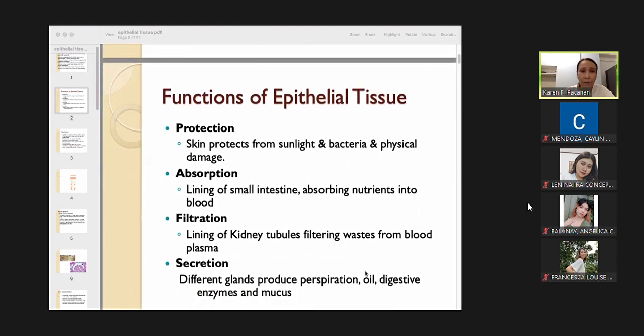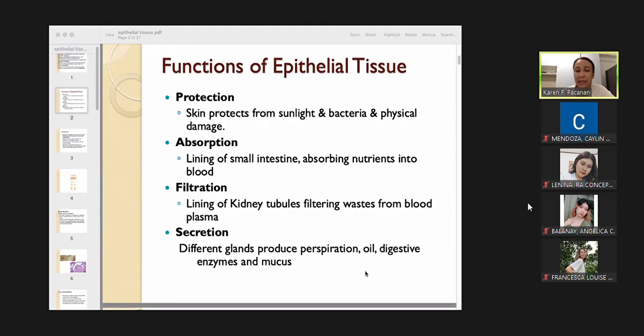We also talk about that epithelial tissue would have varied functions, and the function is related to the location. For example, in the slide viewing yesterday of the skin, of the epidermis of the skin particularly, since we are aware that it is lined with stratified squamous, the keratinized type, so keratinized stratified squamous epithelium.